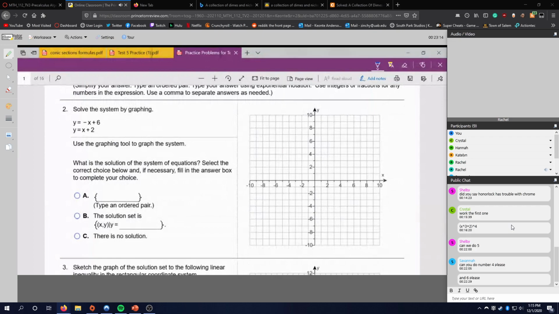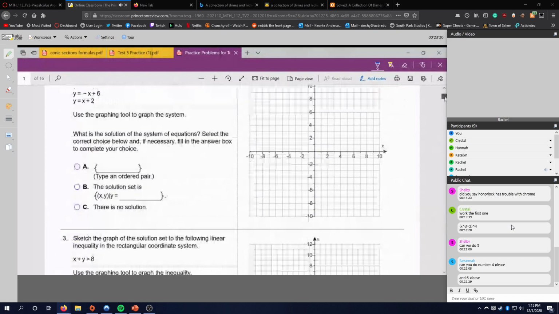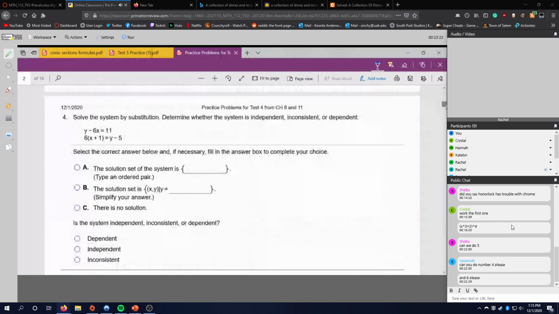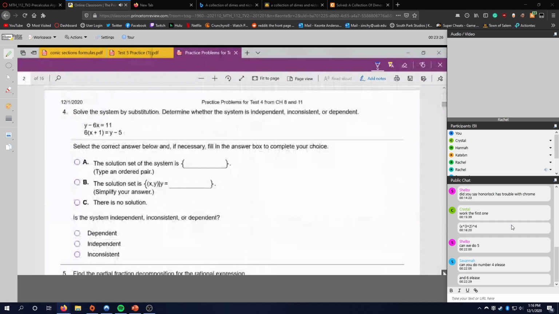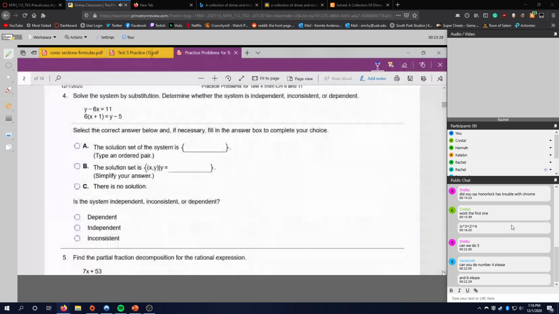Okay, so we're going to go to number 4. So in order to solve by substitution, I don't see any squared terms. So these are linear.